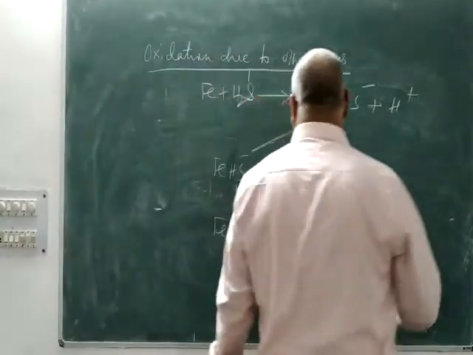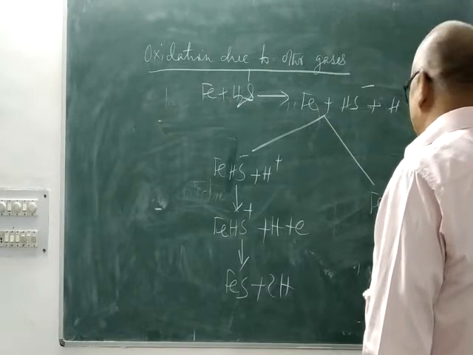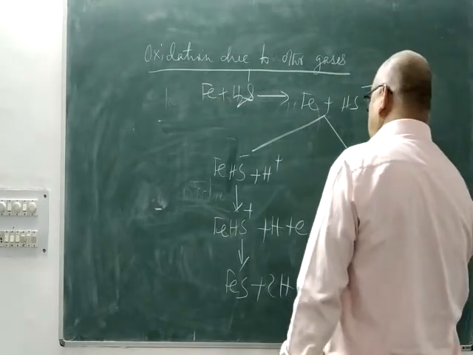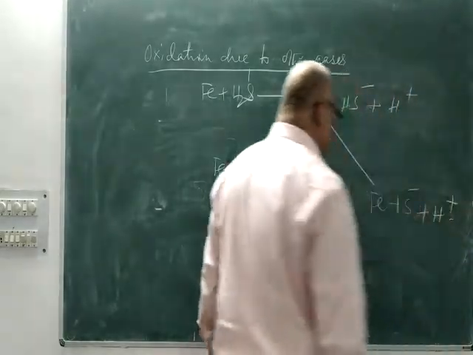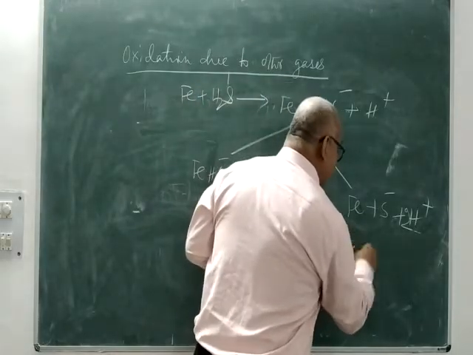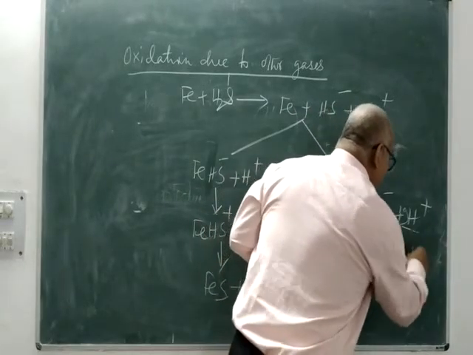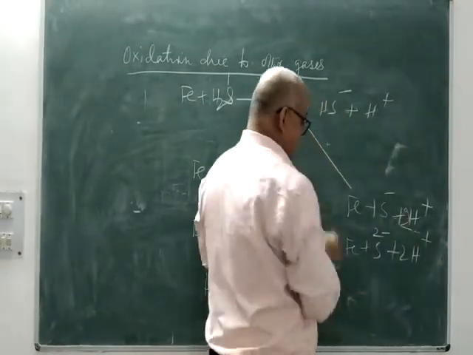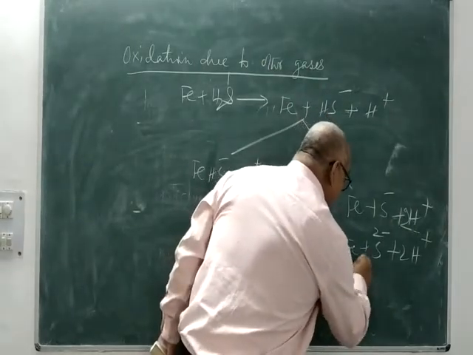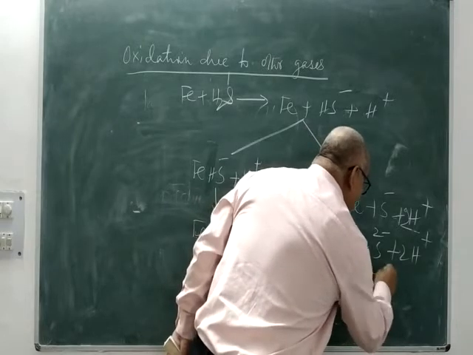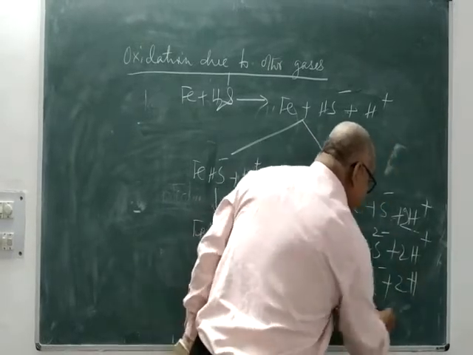Similarly here, this can again be converted through this mechanism, Fe plus S minus H plus. This will now be converted into S2 minus plus 2 H plus. Now Fe2 plus S2 minus plus 2H. This will be your ferrous sulfide plus 2H.